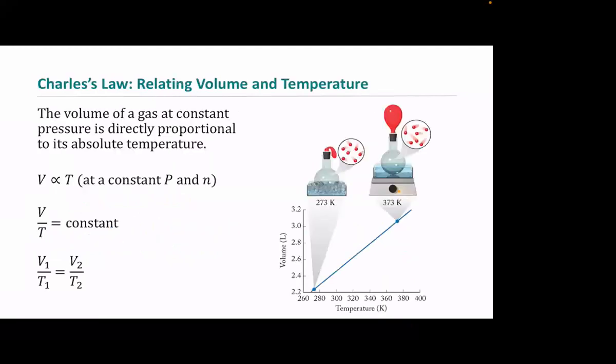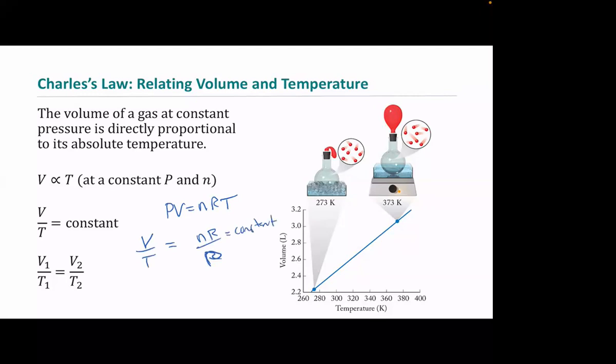Charles' law, now remember, in this case, it's volume and temperature that are changing. So all I'm going to do is rearrange everything. So I have V over T equals NR over P. And NR over P is the constant.